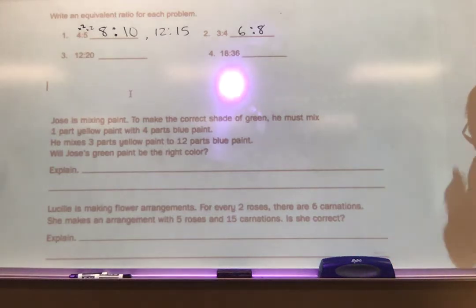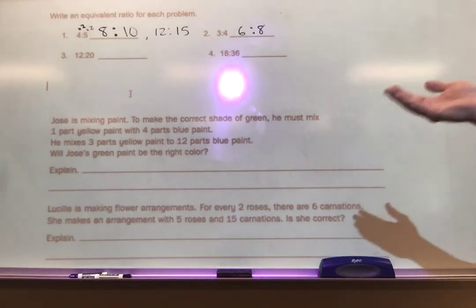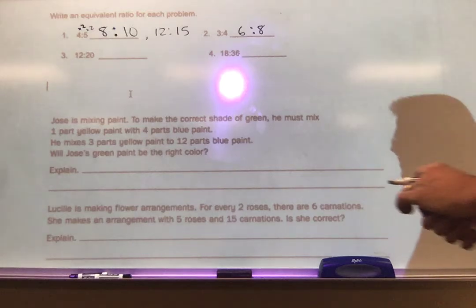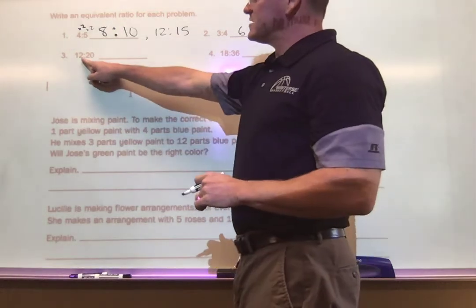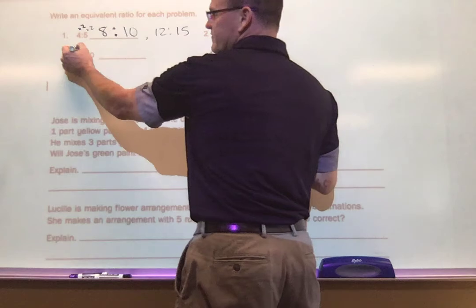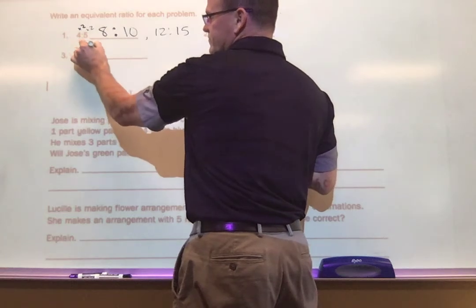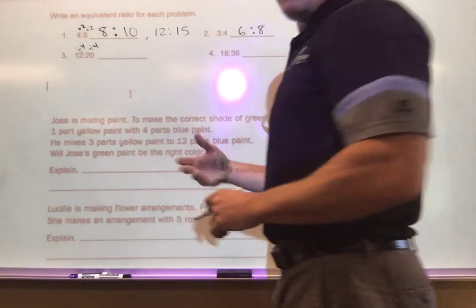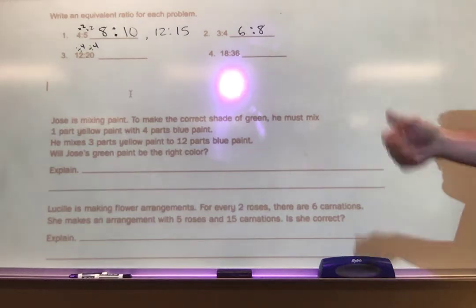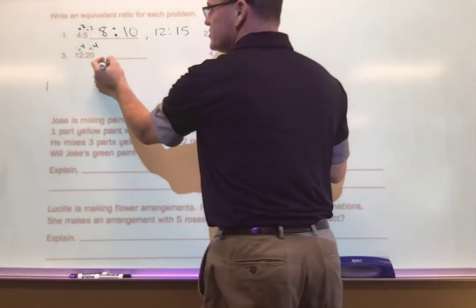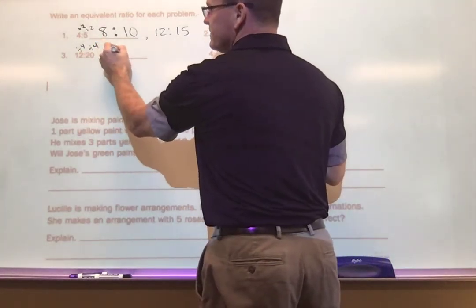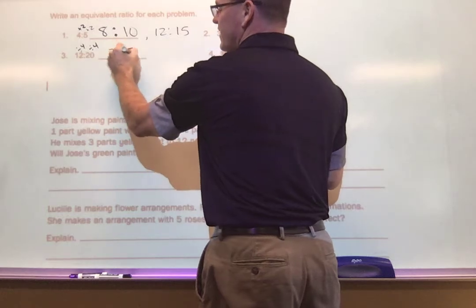Now, when you start getting bigger, sometimes, remember, it's not only multiplicative, but I could divide as well. You find a common factor, like 12 and 20, they can both divide by 4. And if I divide by 4/4, again, it's kind of like dividing by 1, right? So I get an equivalent value. So that would change. 12 divided by 4 is 3, and 20 divided by 4 is 5.